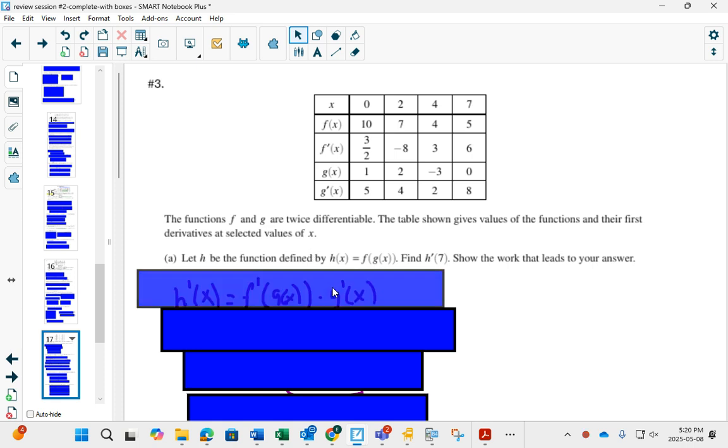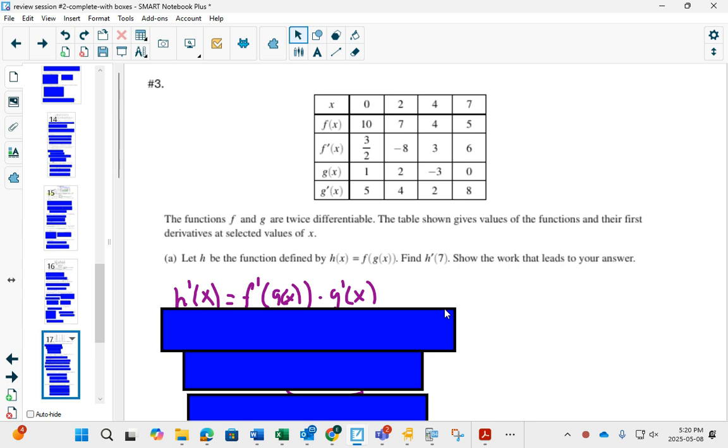and show your work. So first of all, since g of x is inside of f of x, if I wanted to find the derivative of h of x, it would be a chain rule, where you do the derivative of the outside function, keep the inside function the same, then multiply by the derivative of the inside function. So h prime of x would be f prime of g of x times g prime of x.